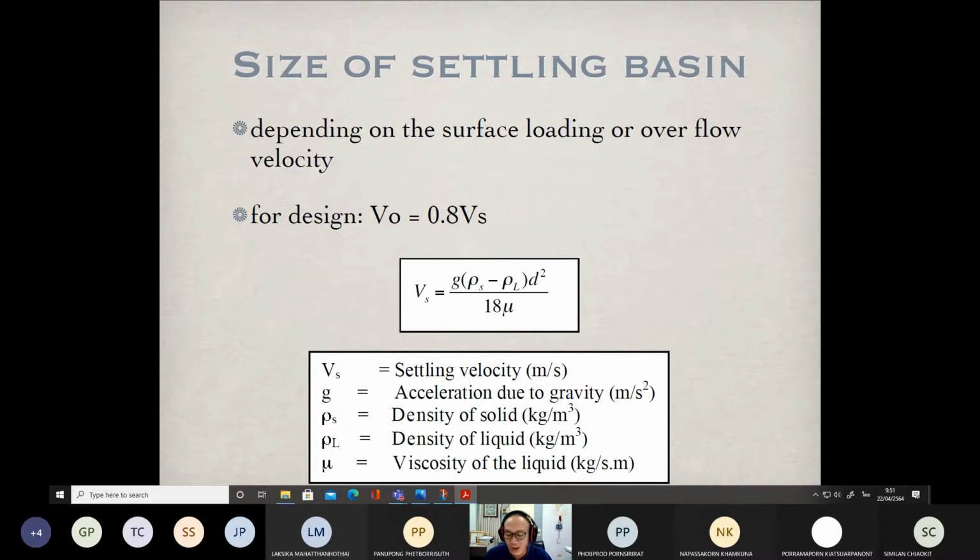Normally it should be around 80% of the desired settling velocity of the particles to be removed. The settling velocities you can estimate using these formulas, but these formulas are in fact not appropriate for flocculation settling. They are only applicable for discrete particle settling.